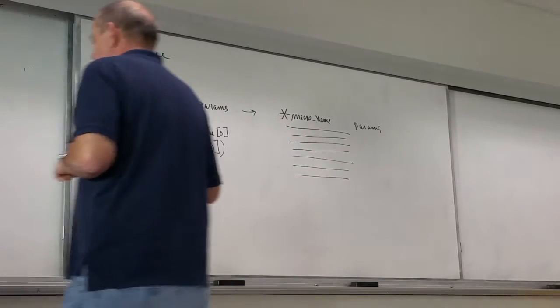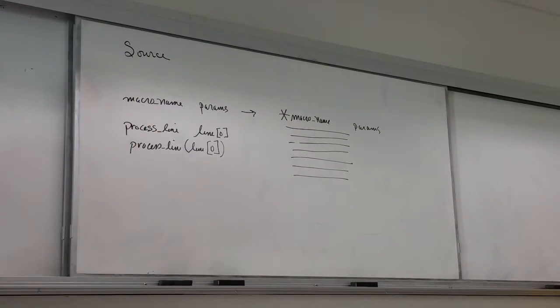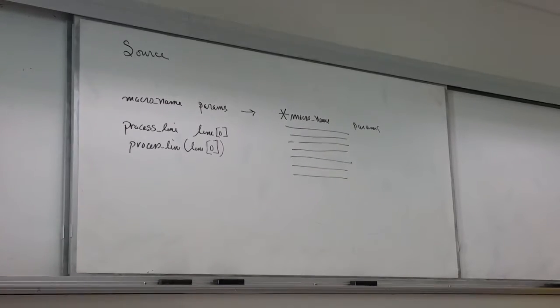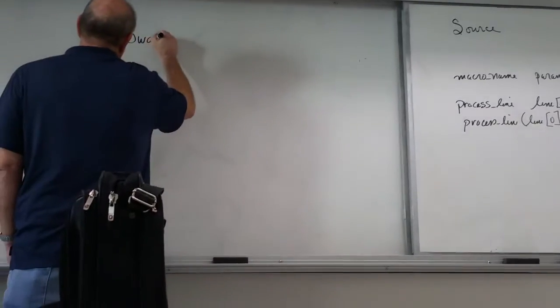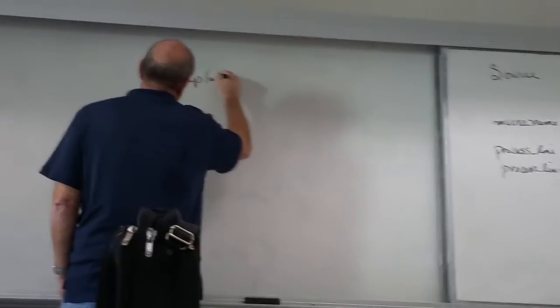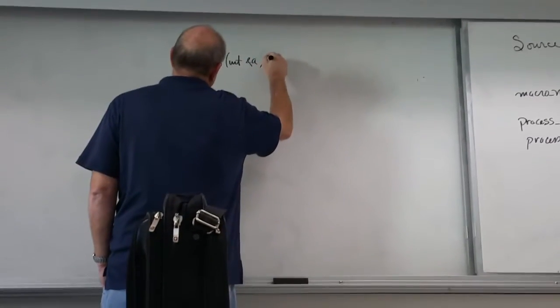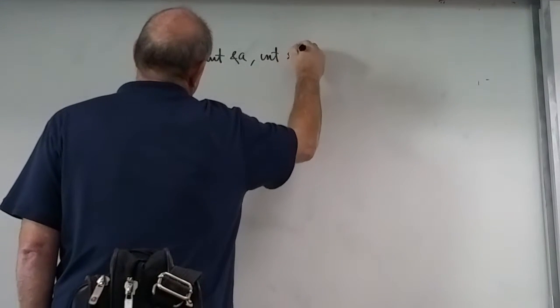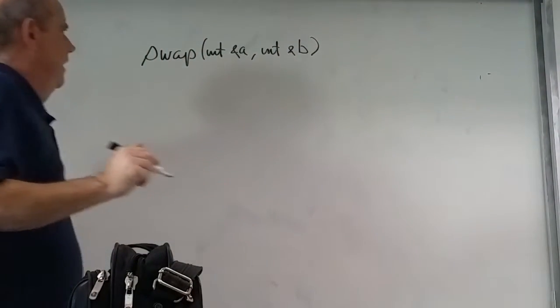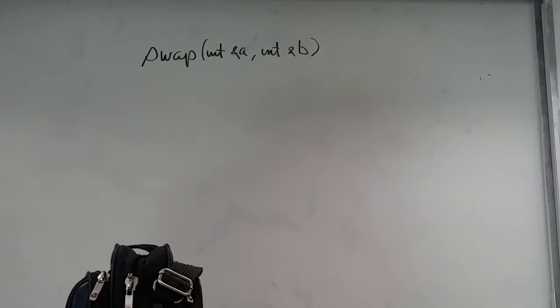Earlier in the semester, we looked at a method called swap. We were learning C++, and I looked at this. So we have swap(int &A, int &B). Can I write that as a macro?